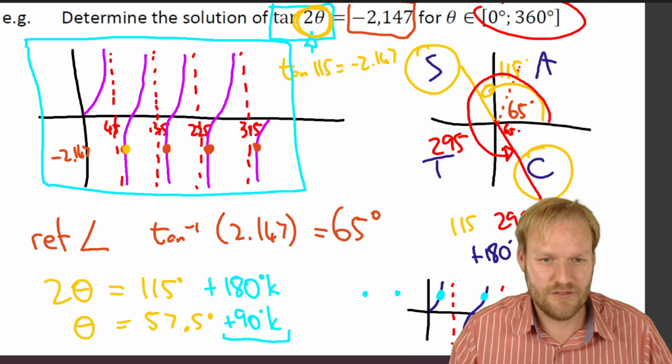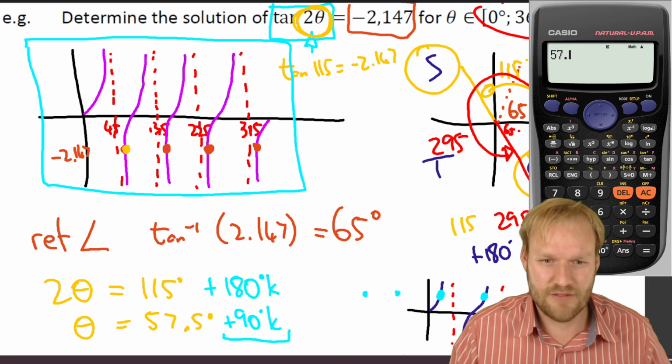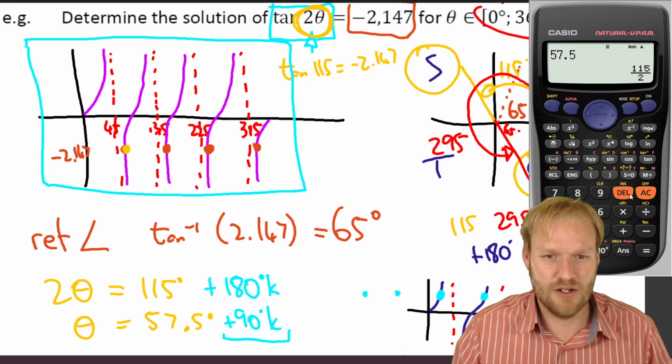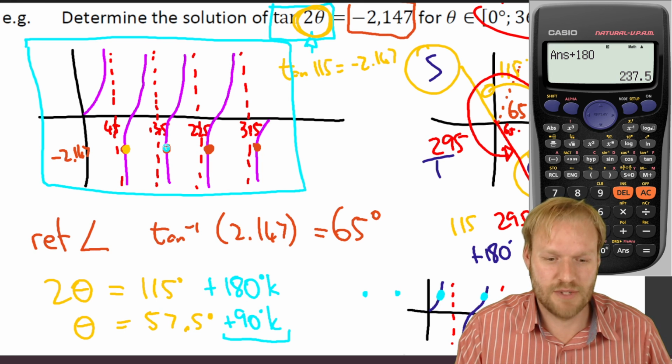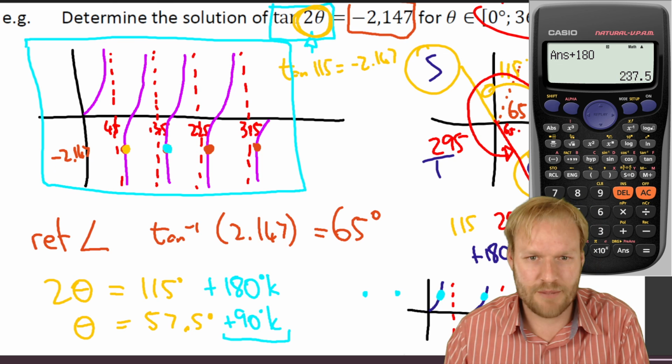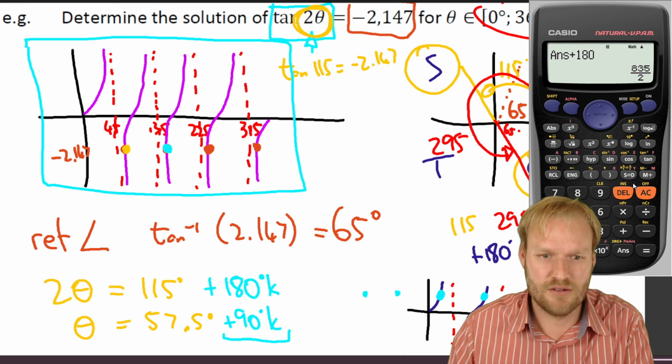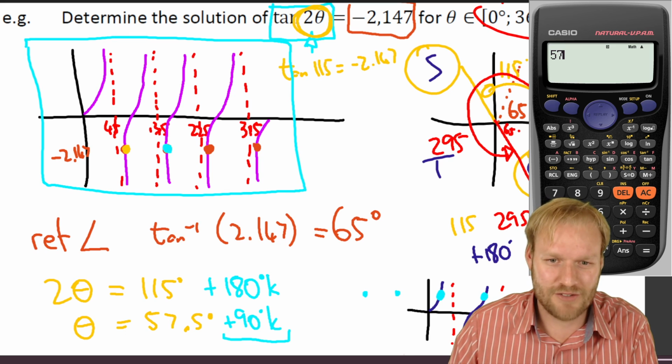So let's go 57.5, and I'm cheating here and going, there we go. And if we add 180 degrees, there's our next solution, 237.5. There it must be that one over there. What happens if we add 90 degrees instead? 57.5, okay.